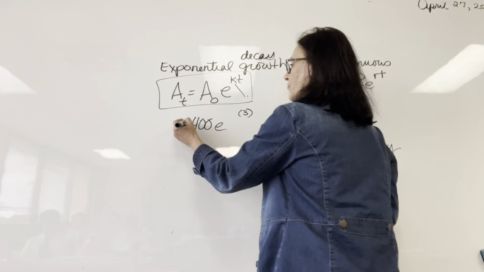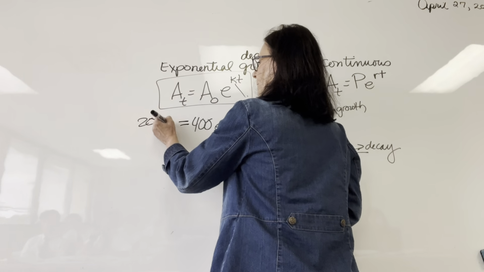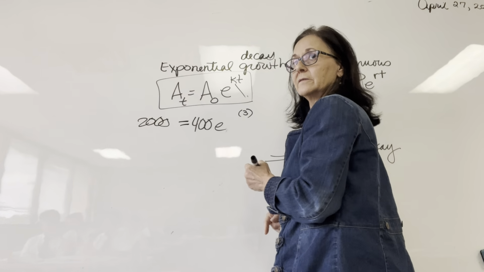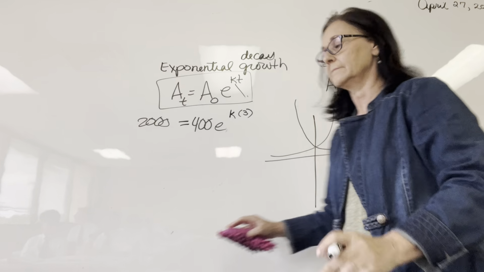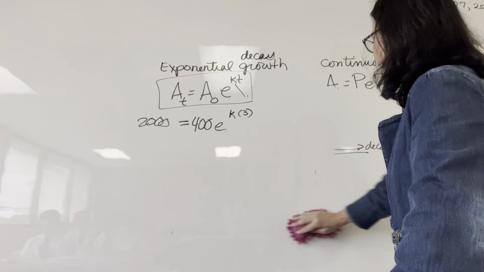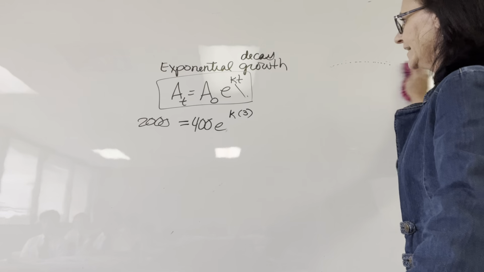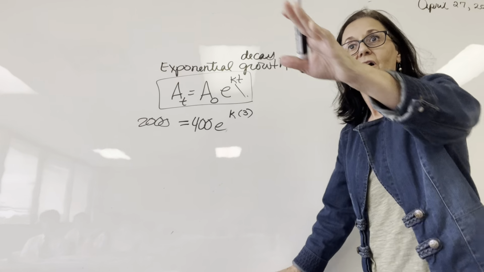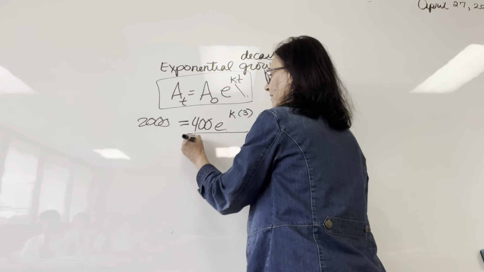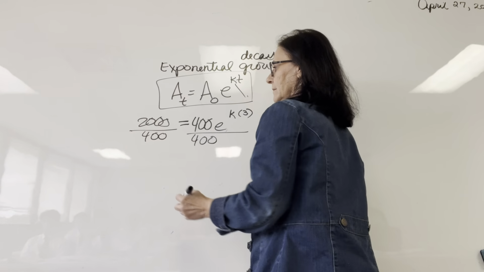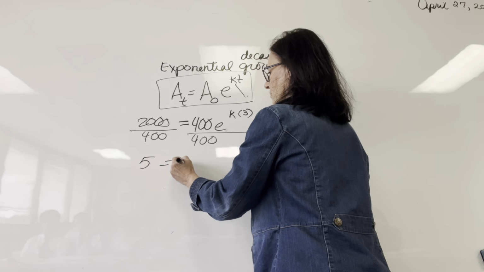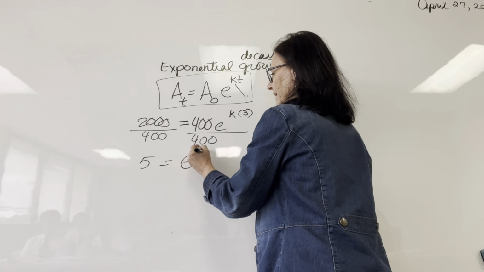I don't know what the constant is, do I? But can I solve for the constant? Yes, I can. First divide both sides by 400. So 5 equals E to the 3K.